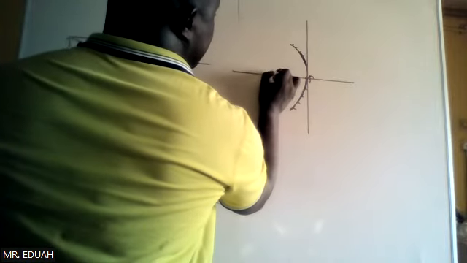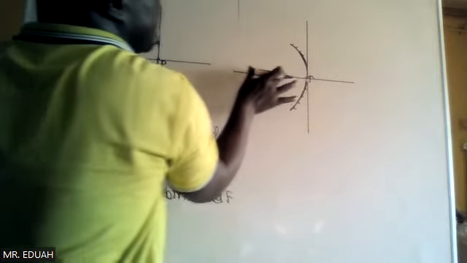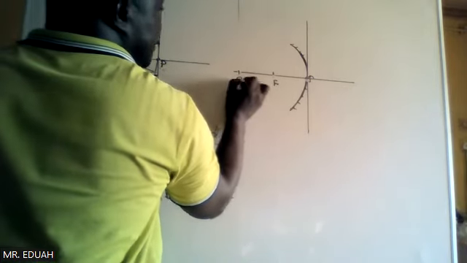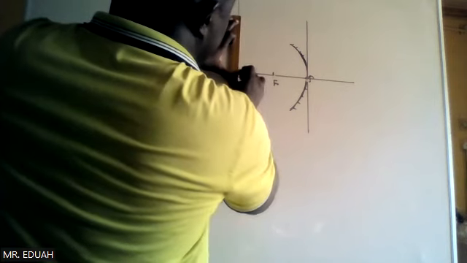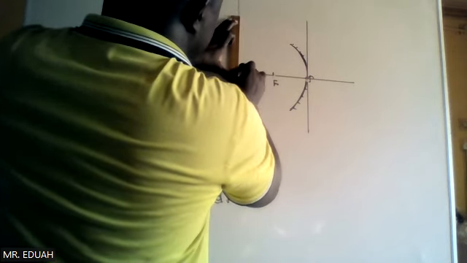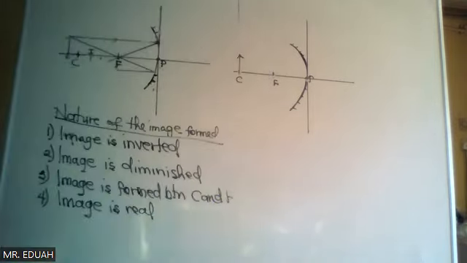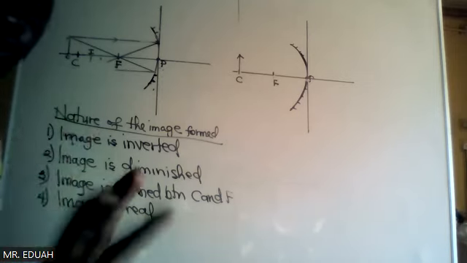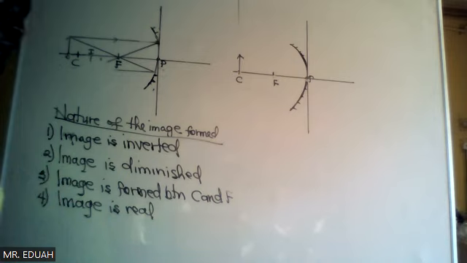So if this is F, I need to estimate the same distance for C. Object is at C. In fact, with the first one, I gave you four rules, but any two would work. Any two of them. Okay.